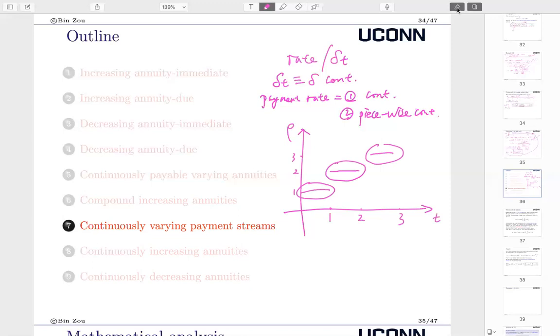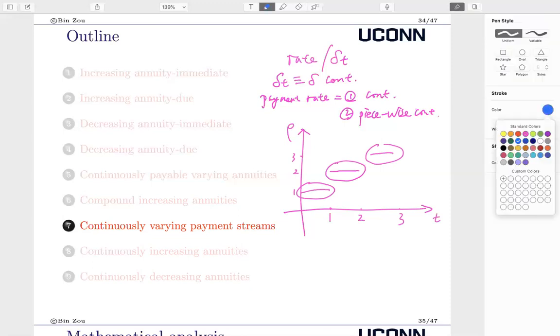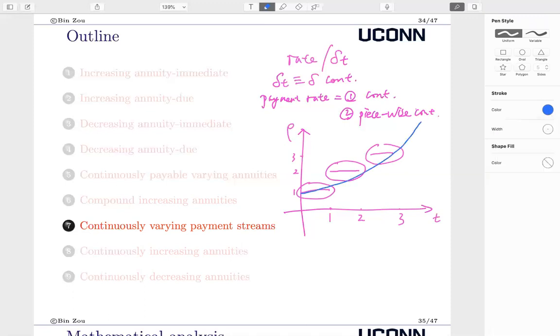How about we consider something like this? Or we increase linearly. There are many different possibilities. For those two blue curves, it's easy to see they are increasing, meaning as time evolves forward, the payment rate increases.